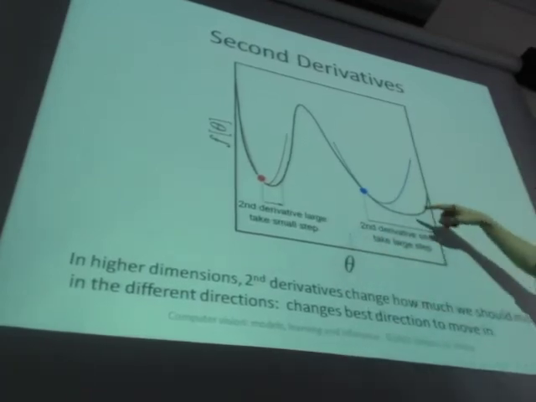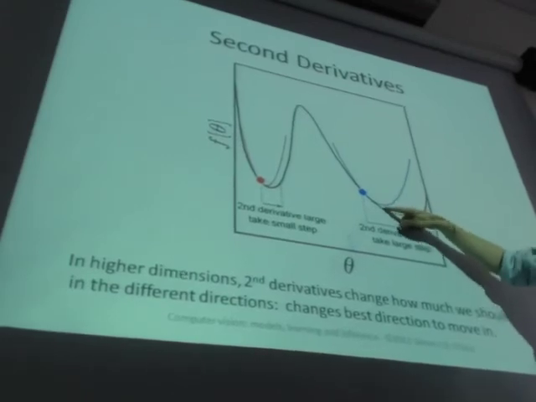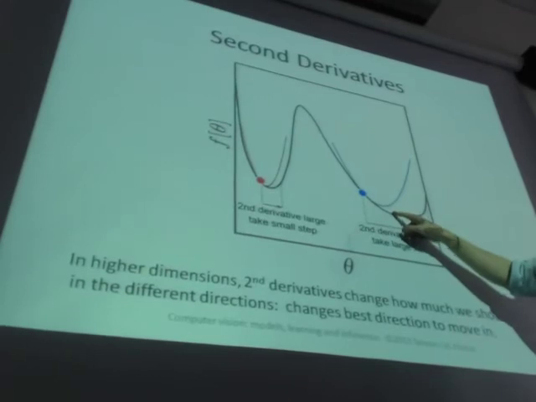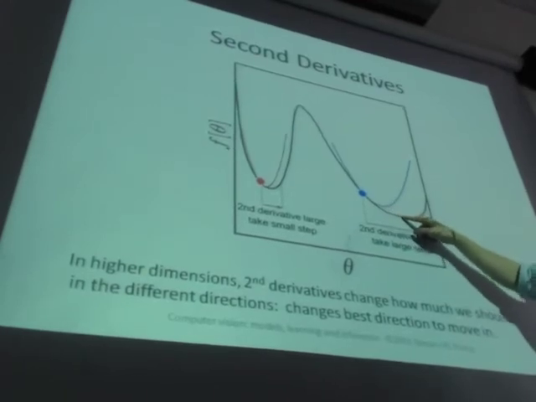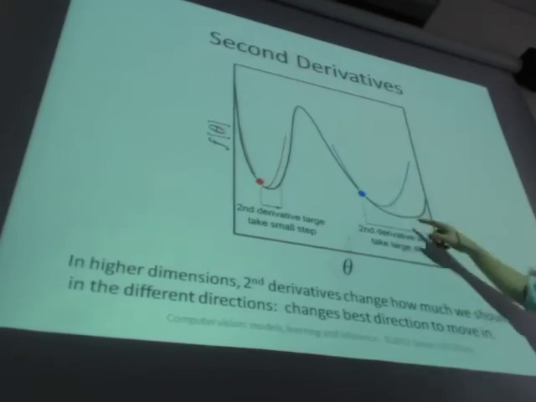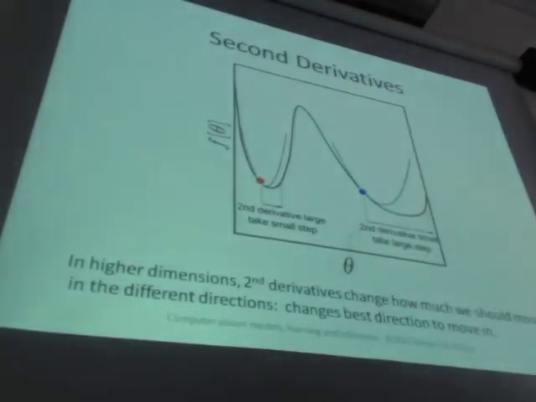Whereas if you're in this area, you might say, you know what? Let's see, we're here. Let's say I know that things are slanted to the right, but the slope is very gradual, right? And a gradual slope means I can probably afford to take a bigger step, right? Should go further. So we're hoping, with the second derivative, that the energy function is somewhat smooth, right?